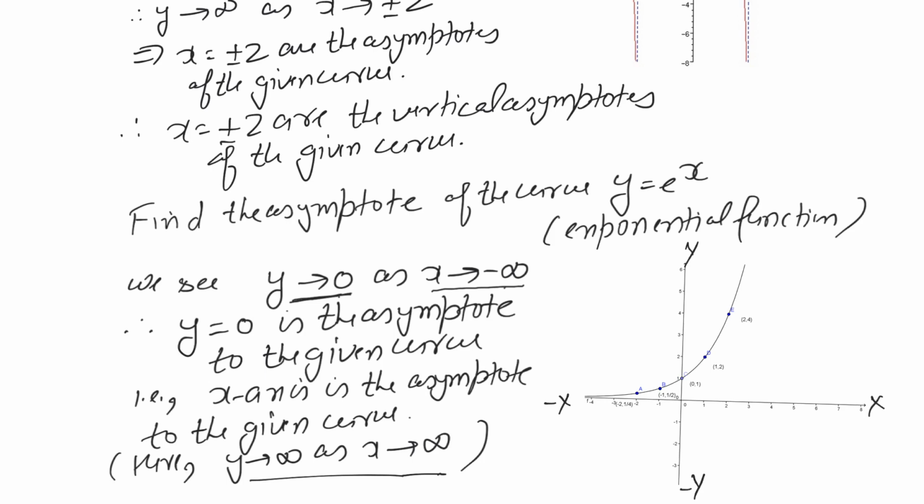So therefore this line y is equal to 0 is the asymptote to the curve, and this curve is of exponential function y is equal to e raised to the power x. Therefore y is equal to 0 is the asymptote to the given curve, and this asymptote is known as horizontal asymptote.